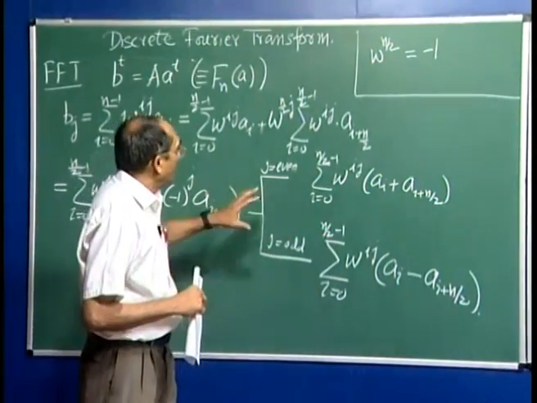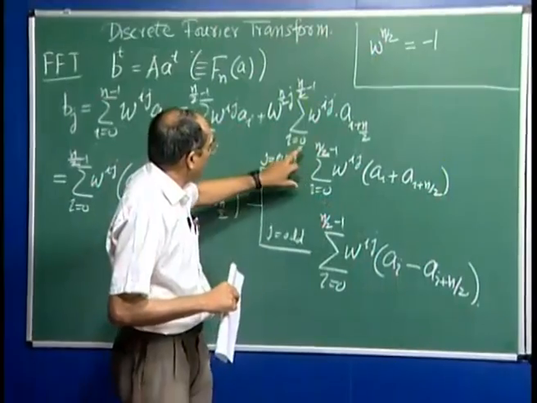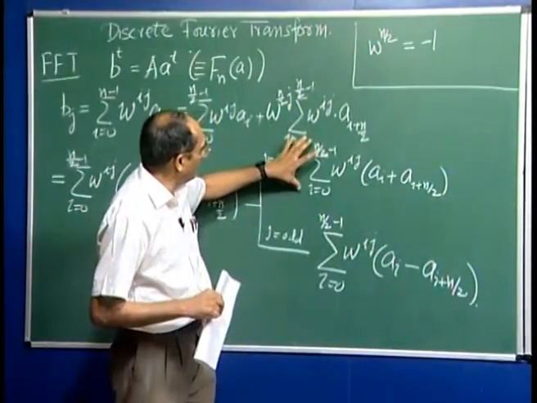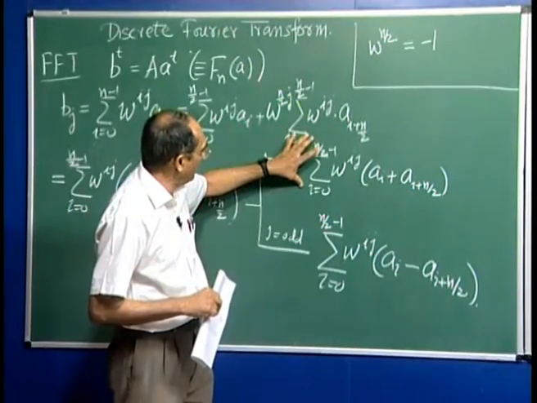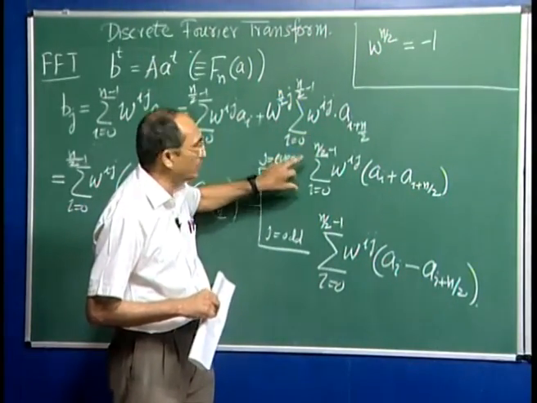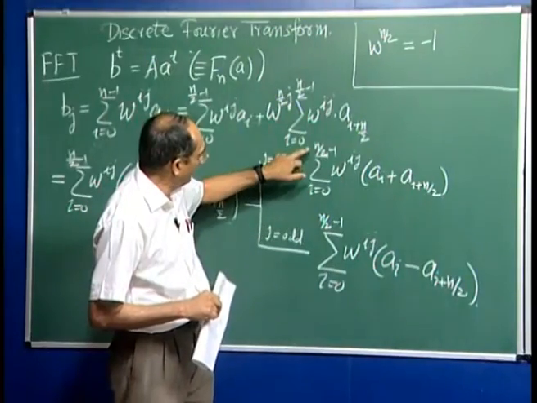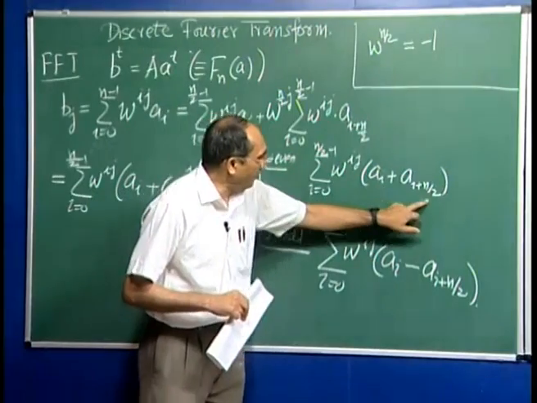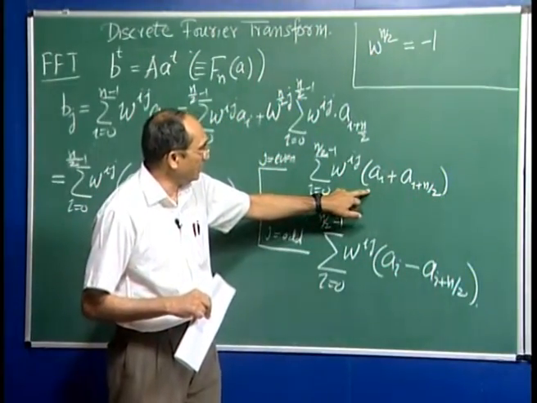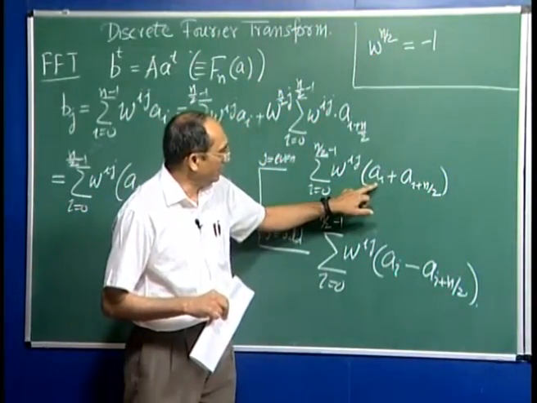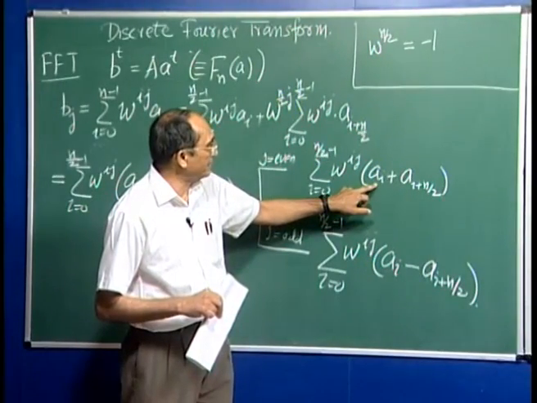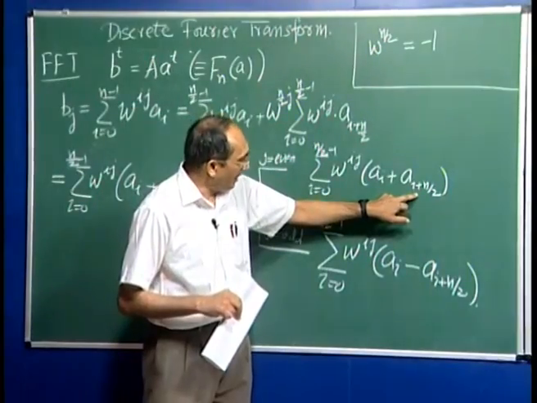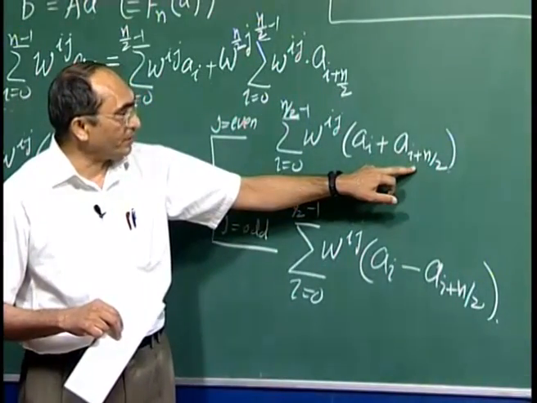Now, the intent is that somehow we reduce both of these into a Fourier transform of vectors of only n by 2 components. Notice that we have a sum running over n by 2 quantities each. If we define new vectors which are folded like this, the ith component is the ith component of the original vector plus the (i plus n by 2)th component of the original vector.